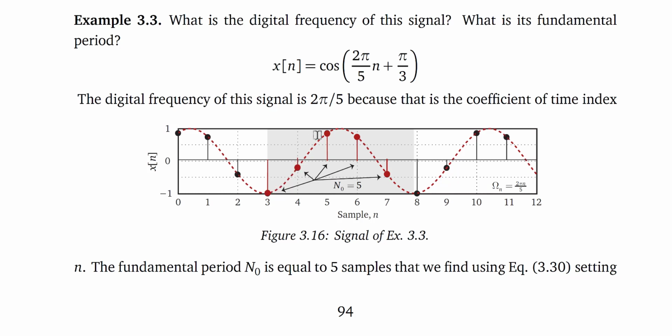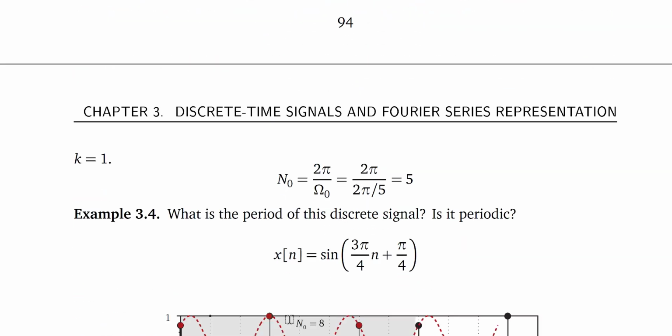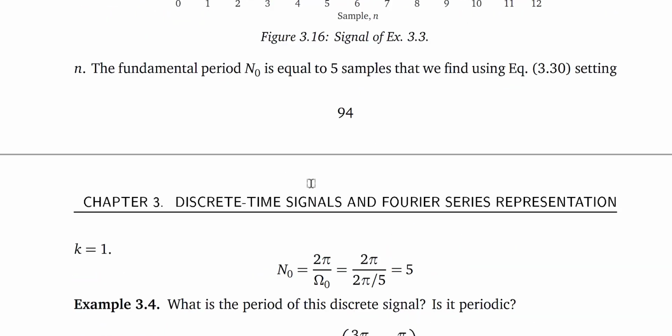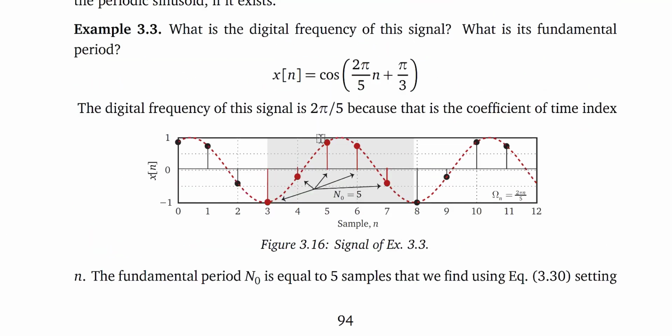Sample 1, 2, 3, 4, 5, and then the signal repeats again. Or you can apply the equation, 2 pi over omega 0, and I said omega 0 is 2 pi over 5. Divide all that, we get 5. So the answer is yes, this discrete signal is indeed periodic. And the effective phase? None.